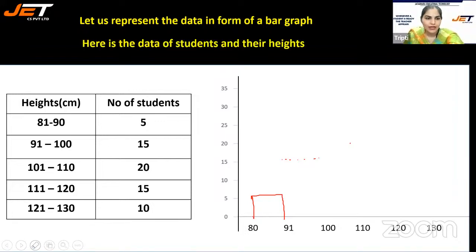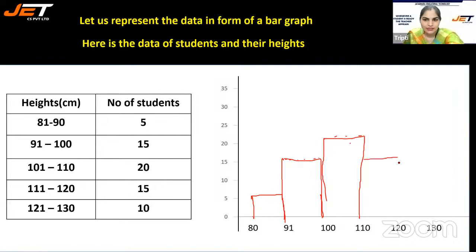91 to 100 will be like this. I have to stop here. So 91 to 100 right here. Then 101 to 110 is 20. That means up to here. So it will be like this. 111 to 120, it is 15. Okay, so again, I have to be till here.